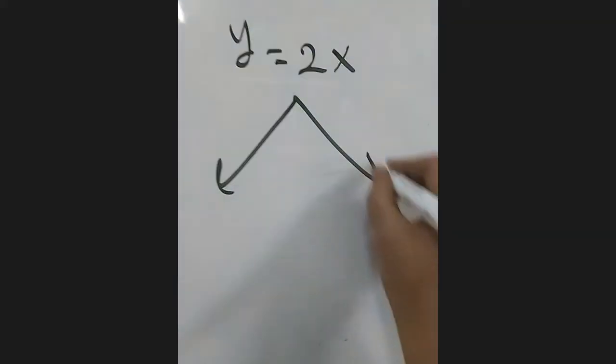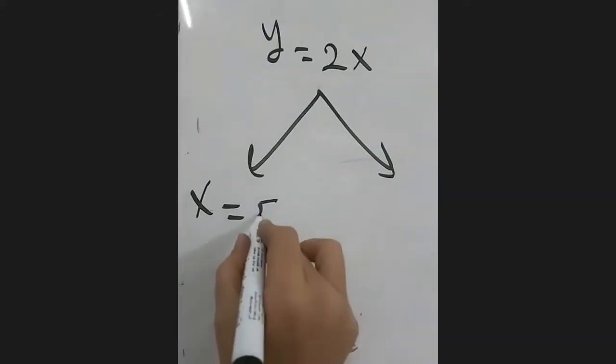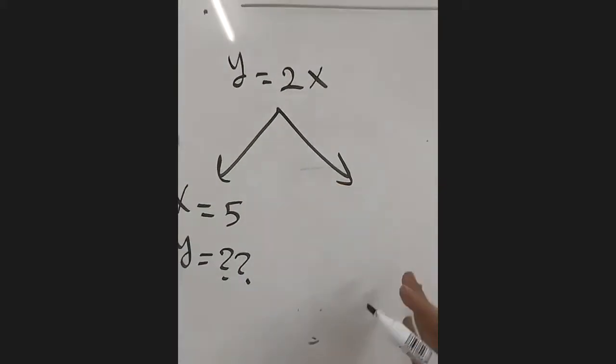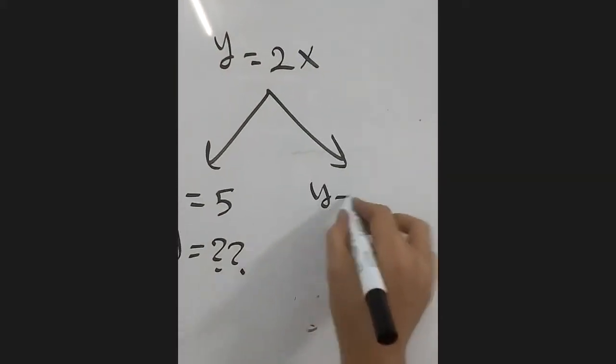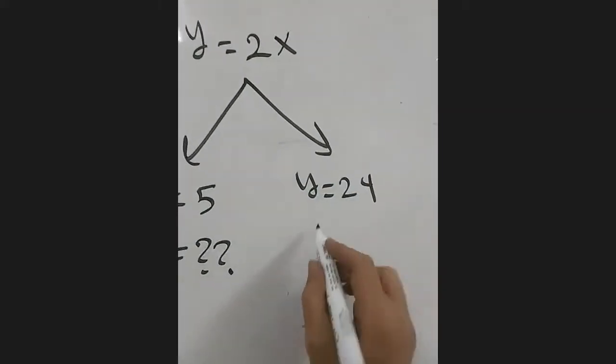Sometimes I give you x, for example, if x equals 5, and I want y. Other times I give you y, for example, if y equals 24, and I want x.